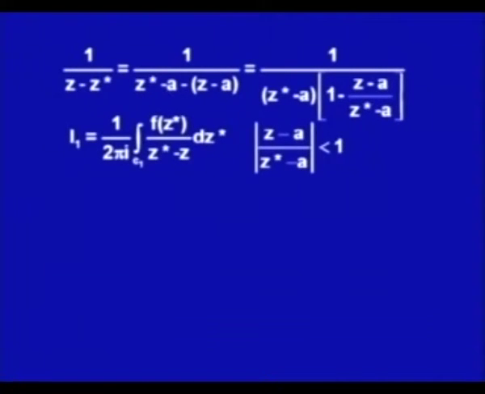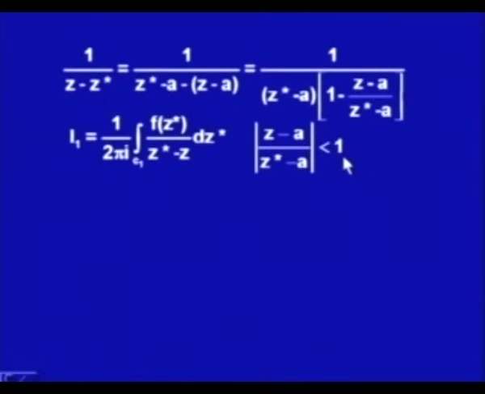Now, on the integral I 1, where we are integrating over the outer curve C 1, one may notice that the magnitude of z minus a divided by z star minus a is less than 1, because z lies in the annular part and z star lies on the outer boundary. So, z star will be farther away than z. So, the modulus of z minus a over z star minus a is less than 1.